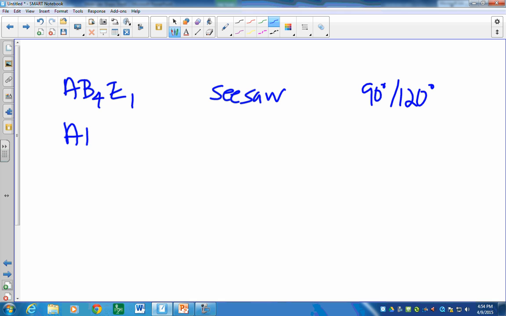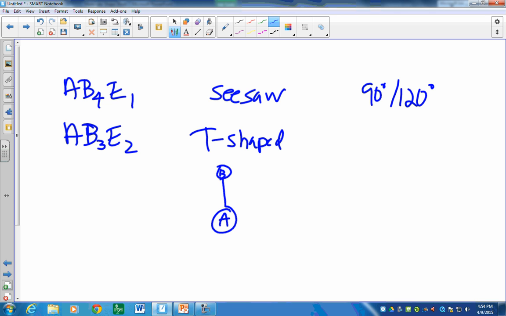But AB3E2 is T-shaped. If you look on the back, because here's what happens. Here's A, here's B, here's B, here's B. These other 2 ones we yanked off. If you look really carefully, it's pretty easy to see the letter T.